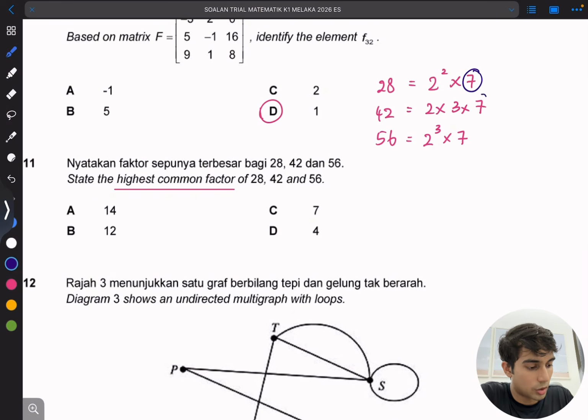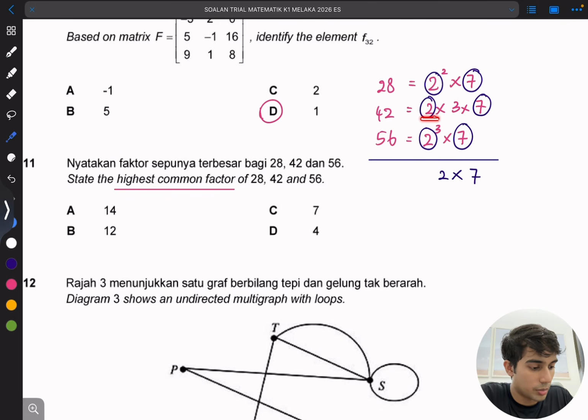So 7 is common among all three, so we can say 7. 2 is common, so we can say 2. Okay, the highest common power of 2 is 1. Okay, 2 to the power of 1. We can't take 2 squared because this one doesn't have 2 squared, he only has 2. So it's just 2 times 7 and 3 is out of the picture.